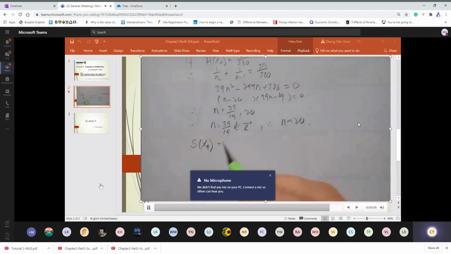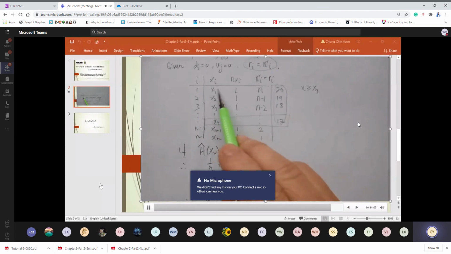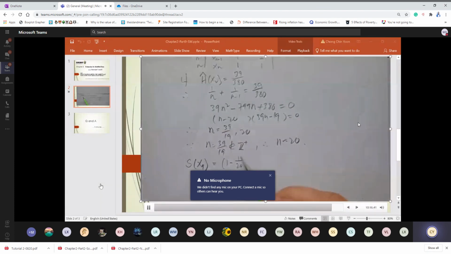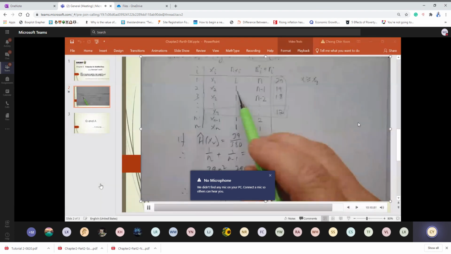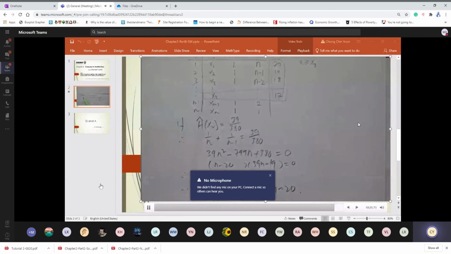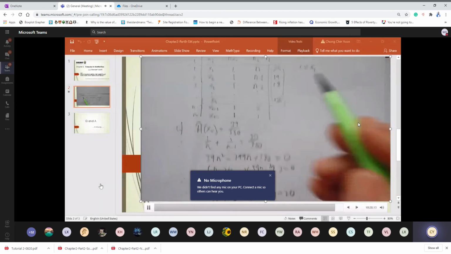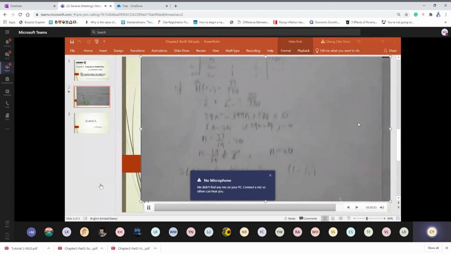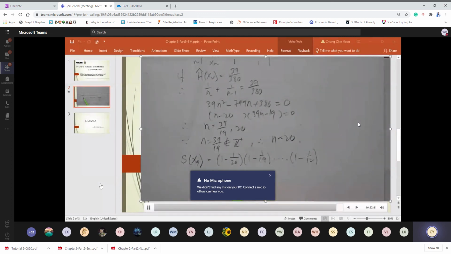So under Kaplan-Meier, that will be 1 minus 1 over 20, times 1 minus 1 over 19, and until the last will be 1 minus 1 over 12. So you can simplify here, this becomes 19 over 20 times 18 over 19 and so on until 11 over 12.